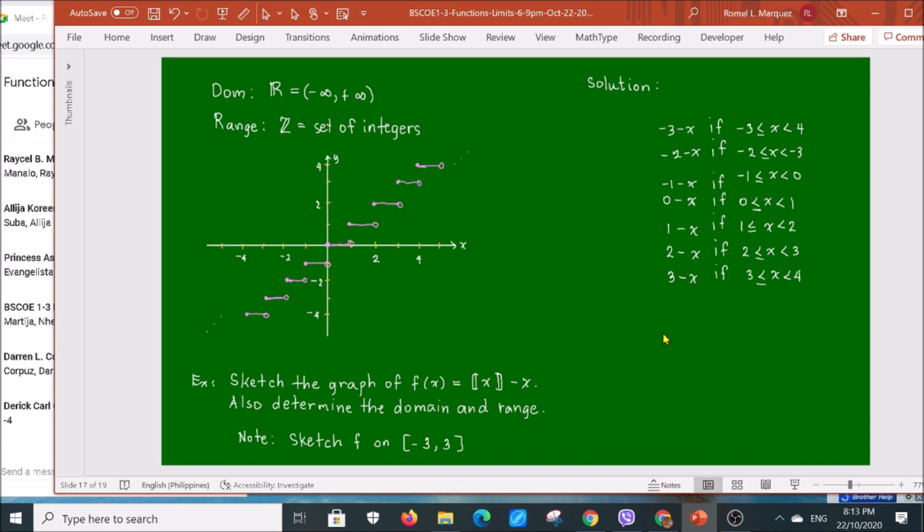Actually, not really segments, but half. An endpoint, with an open hole at the end. But these are inclined, unlike this, these are horizontal. And so on. That is how we define the actual f of x.